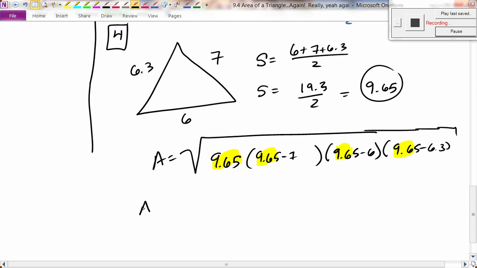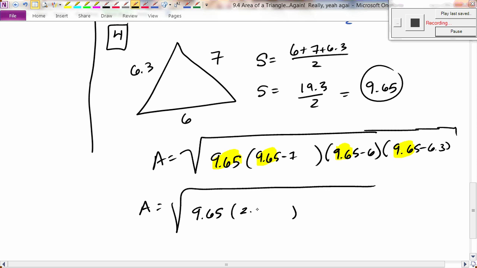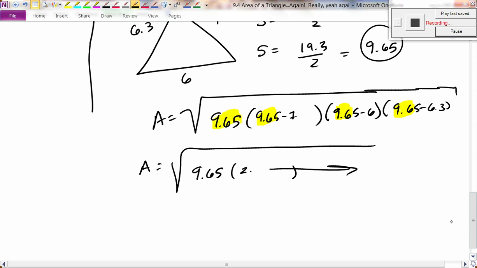So we're going to calculate the area of this without knowing any angles or any heights, taking the square root of the answer. So this is going to be 9.65 times 2.65, is that right? I got 17.7. Whoa, okay. So area is approximately 17.7 units square.